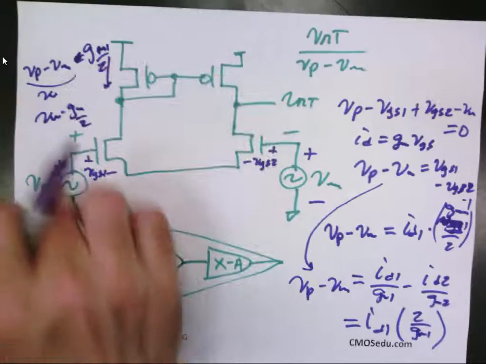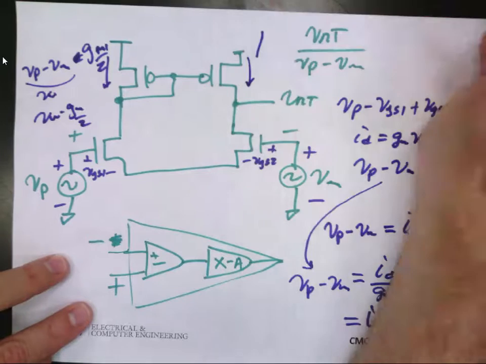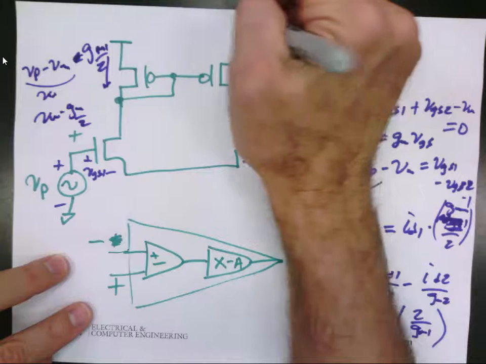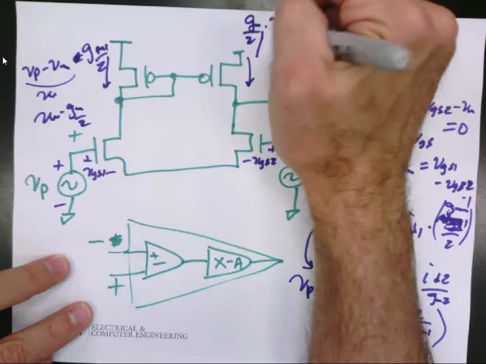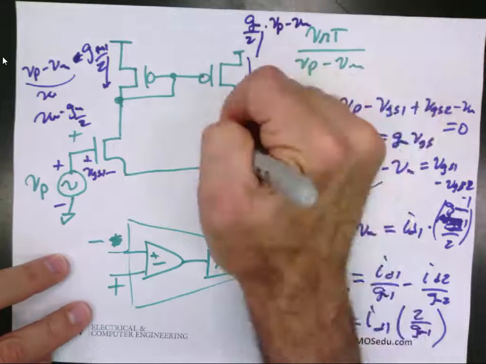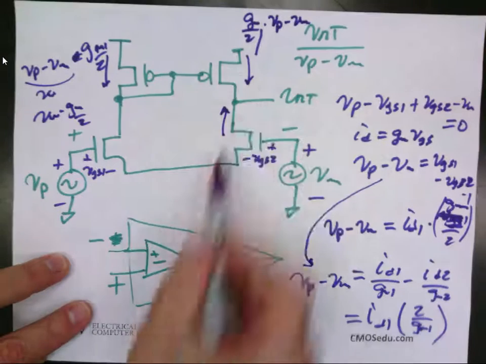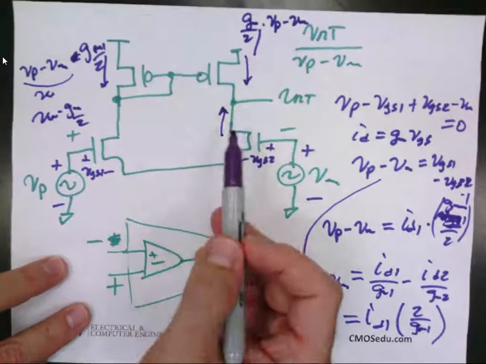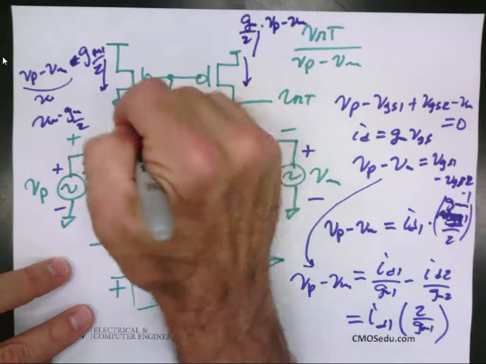All I've done is I've replaced Vin with VP minus VM. So what's the current here? GM over 2 times VP minus VM. What's the current flowing up there? Flowing up. Same thing. What is it flowing down? Yep.